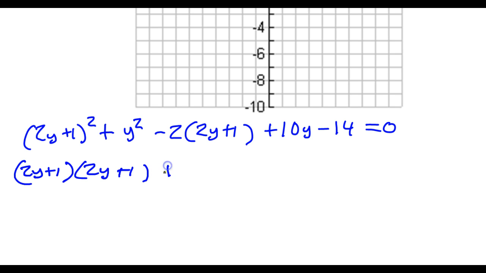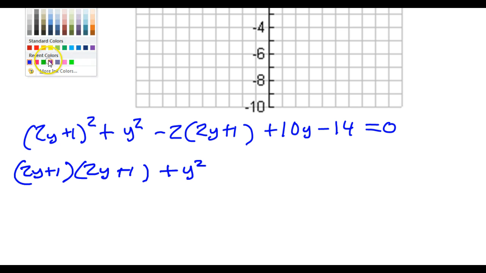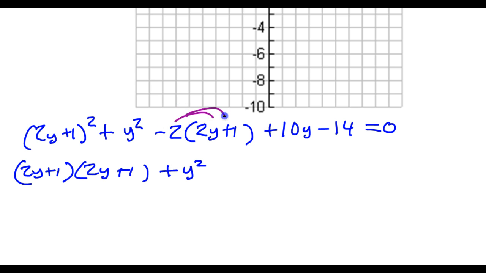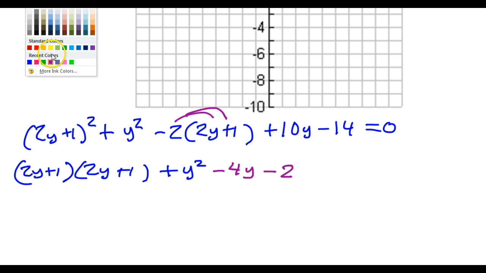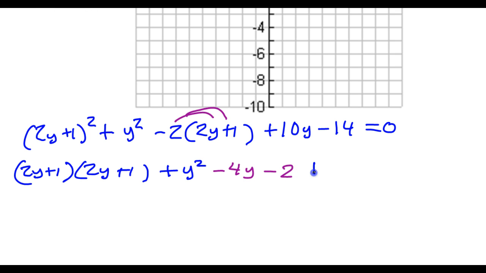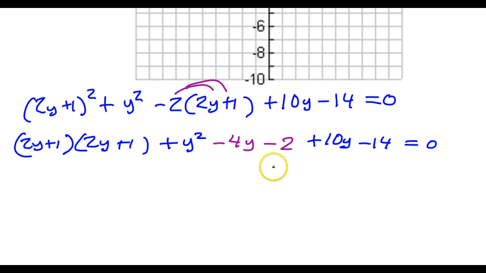And then I've got my y squared. All right, right here I'm going to go ahead and do the distributive property with this negative 2. So that's going to make negative 4y minus 2 right there. Okay, then I'm going to bring down my 10y minus 14 equal 0. Does that make sense so far?